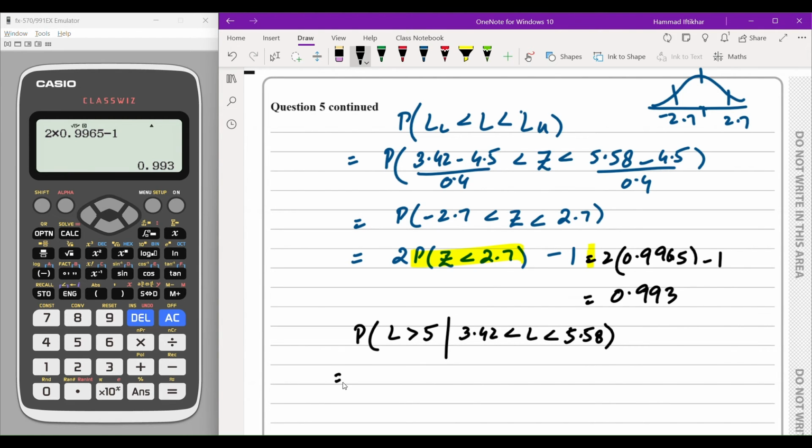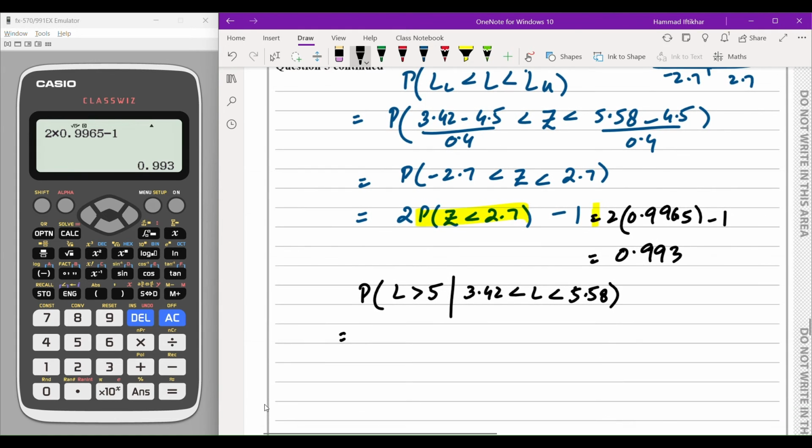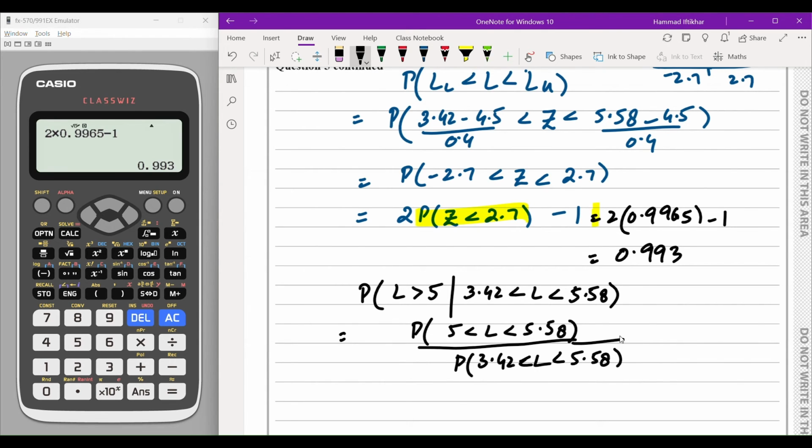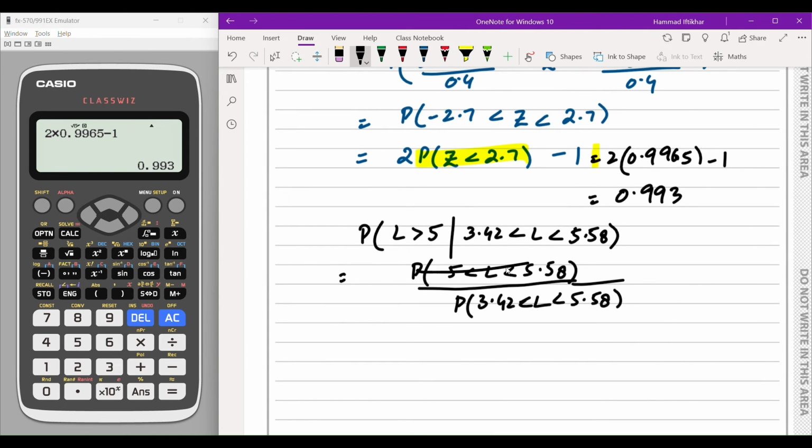Okay, so basically we need the probability of L between 5 and 5.58 divided by the probability of L between 3.42 and 5.58.